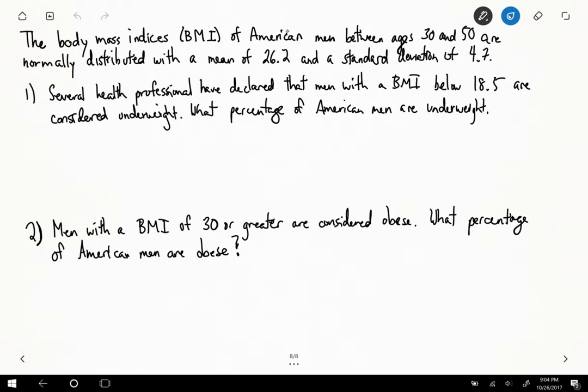The key to any normal distribution problem that we're going to deal with in here is, the first thing is to find a z-score. And what the heck is a z-score? Well, the z-score stands for z equals x minus mu divided by sigma. What is the sigma? That's our standard deviation.